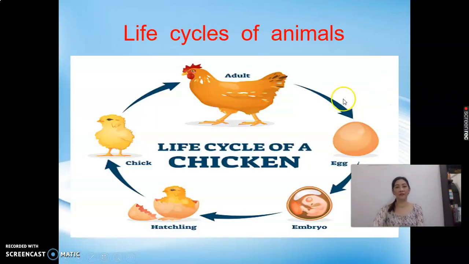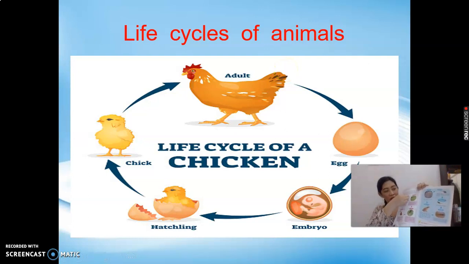Next. So this is life cycles of animals. So when you say life cycle, it is one, one, one. Life cycle. So the first is life cycle of a chicken.